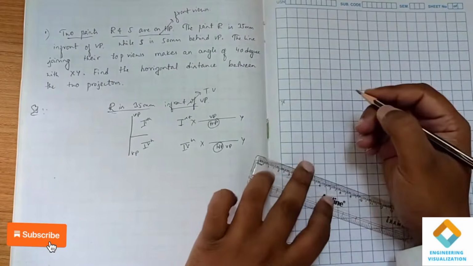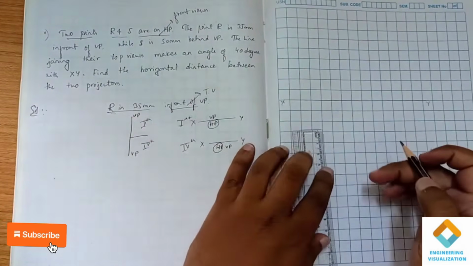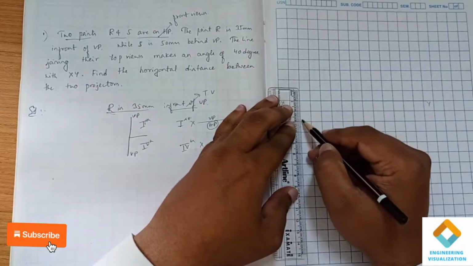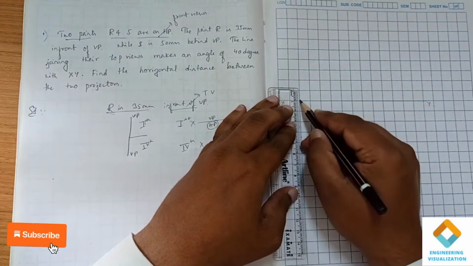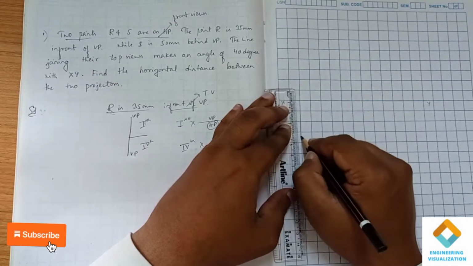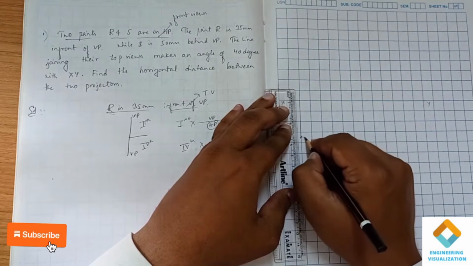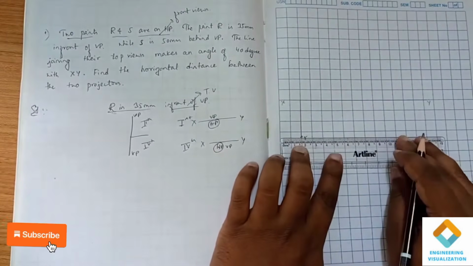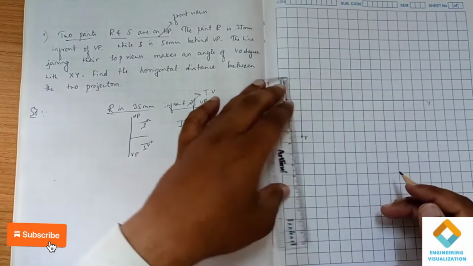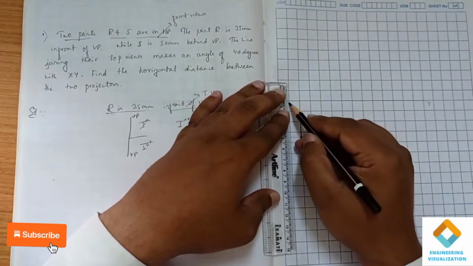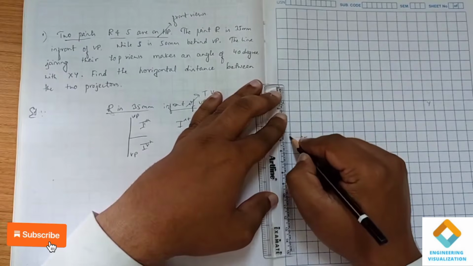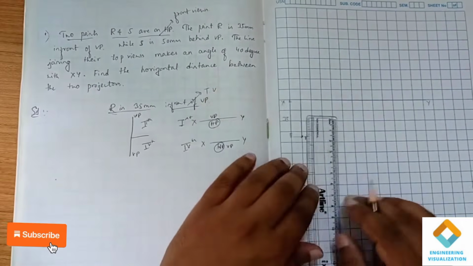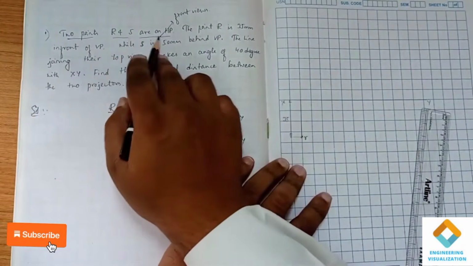First I am going to draw this top view 35 mm below the XY line. 35 means here 3.5 boxes: 1, 2, 3, 3.5 boxes. So till here, this is small r, the top view.